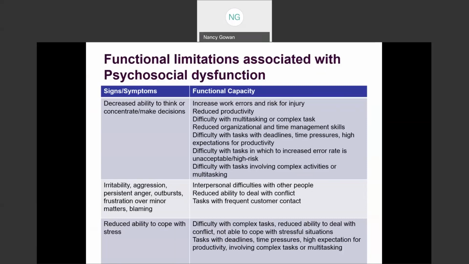When someone has high levels of stress, as a tolerance, that's having too much stress. In a functional capacity perspective, we might see someone having difficulty with complex tasks, reduced ability to deal with conflict, not able to cope with situations that might have higher levels of stress, such as time deadlines, pressures, high expectation for productivity, or multiple complex tasks.